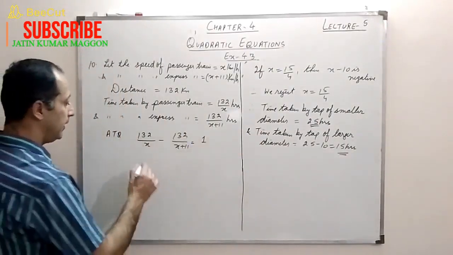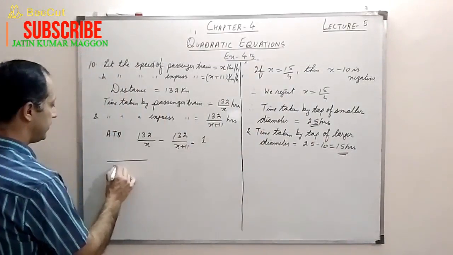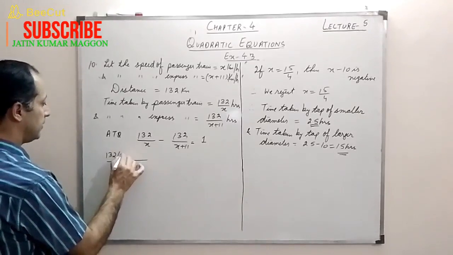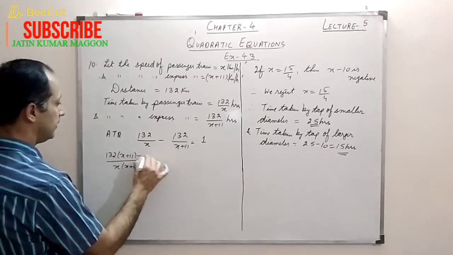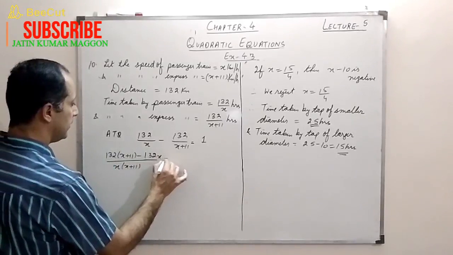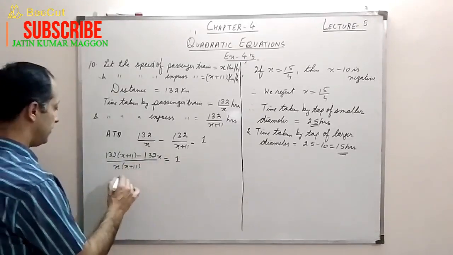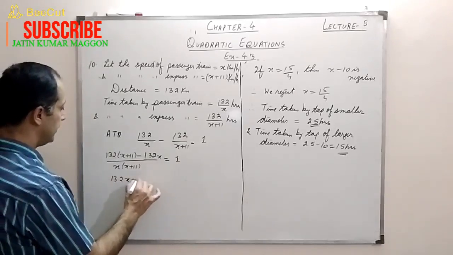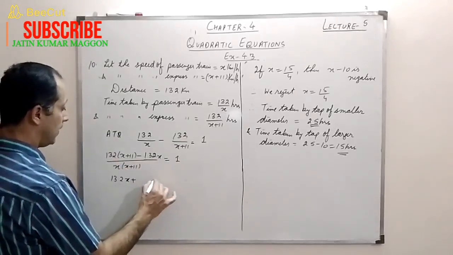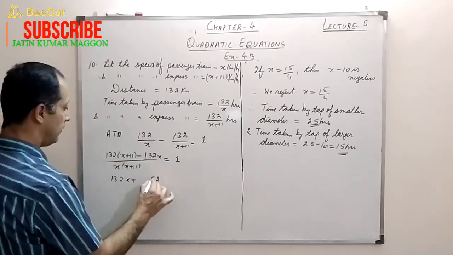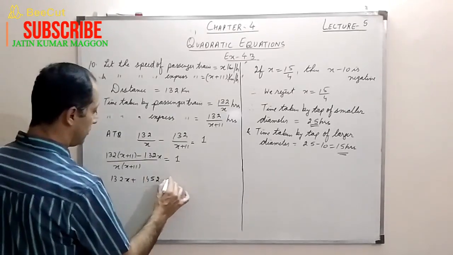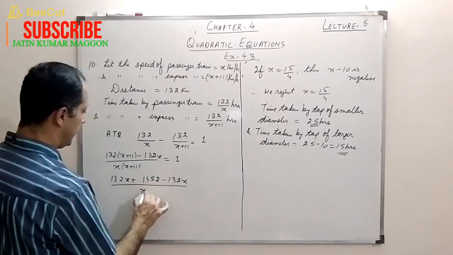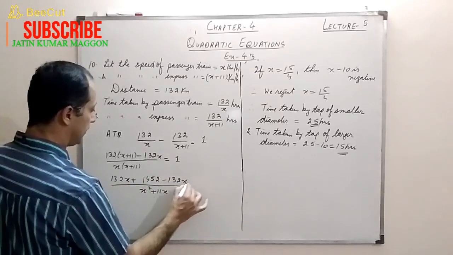Right? So now what? We just take the LCM, x(x + 11). This is [132(x + 11) − 132x] = 1. Open the brackets. This is 132x + 1452 − 132x upon x² + 11x equals 1.